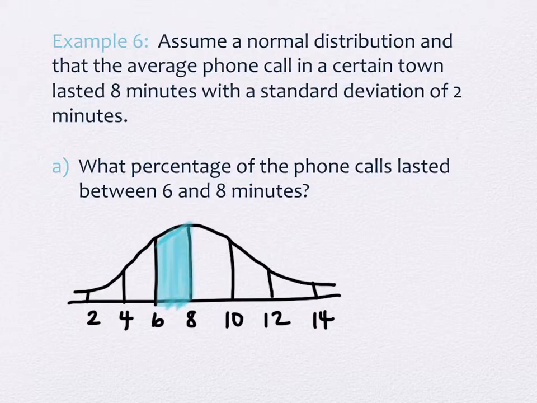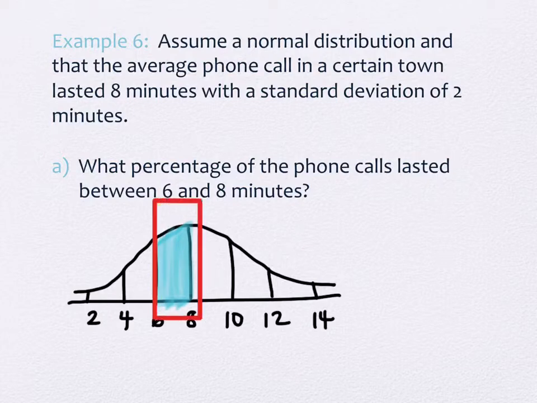So, what percent of the data is in that blue region? That's a really good starting spot, Kira, but it's not 68. 34. So why is it 34, Hannah? Because it's like cut in half, like the 8 and the 10.